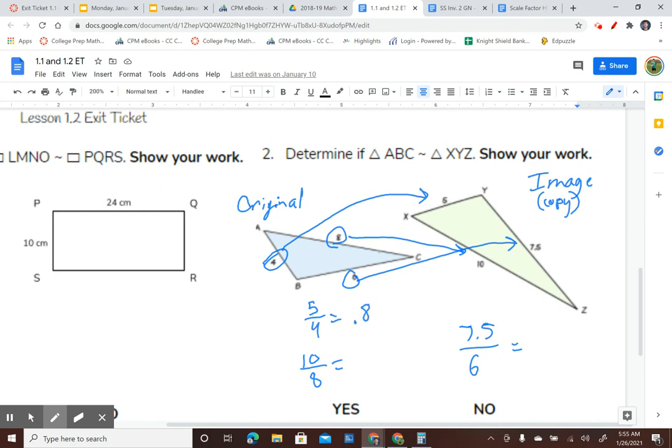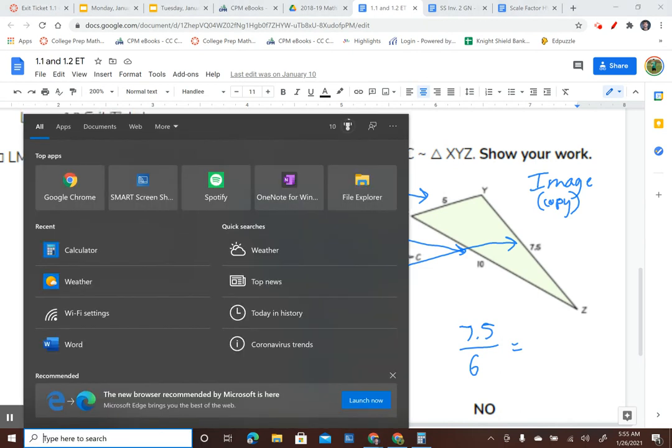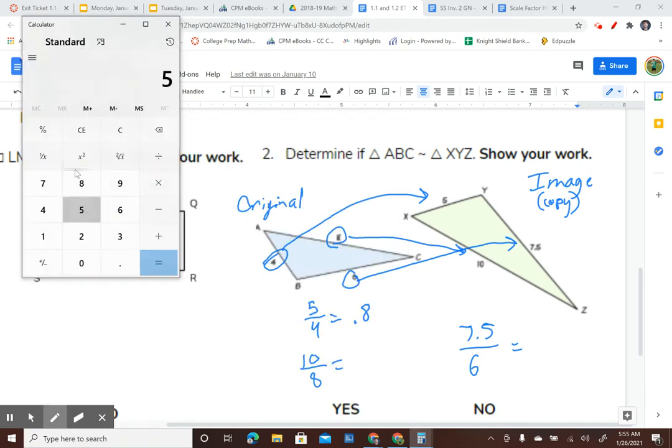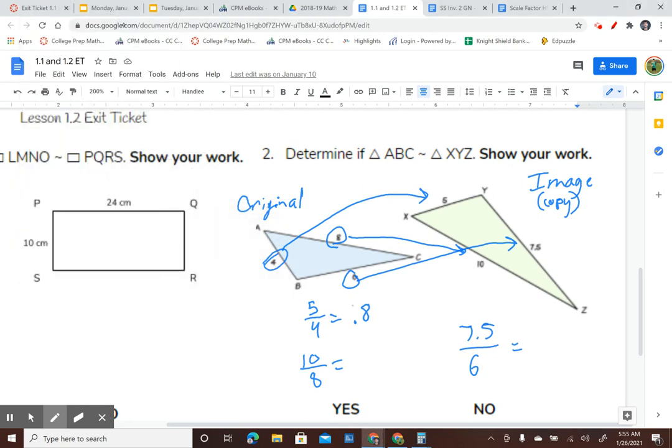Whoops, excuse me. I did 4 divided by 5. So we do 5 divided by 4. 5 divided by 4 gives me 1.25. So we have to multiply 4 by 1.25 to get to 5.